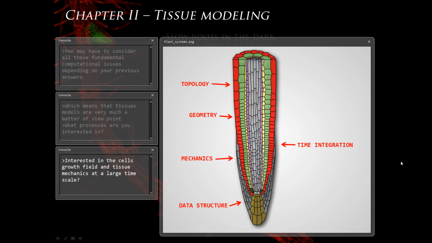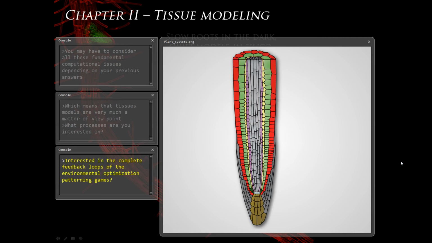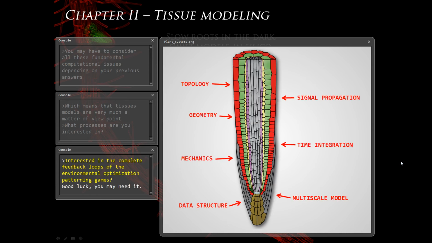Now maybe you are interested in the complete feedback loops of the environmental optimization pattern in plants, in which case good luck, you may need it, because you may very well have to take into account everything that I've been talking about from the computational point of view.